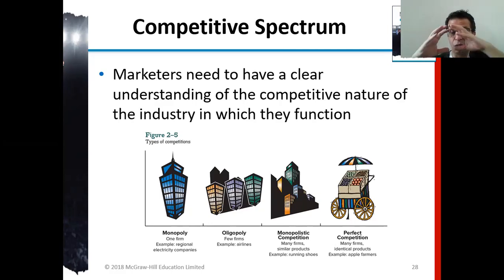And then on a macro level, marketers need to have a clear understanding of the competitive nature of the industries they are functioning in. For example, if you are in a monopoly, one firm is taking over all the business, so you won't have any access to that business because it's a monopoly.